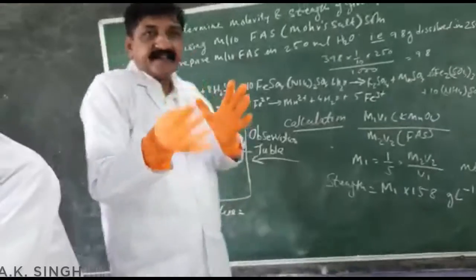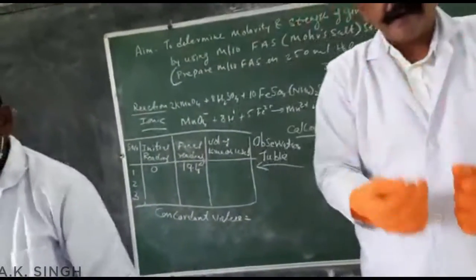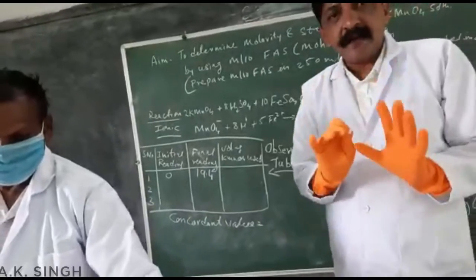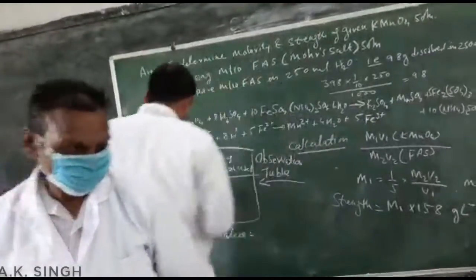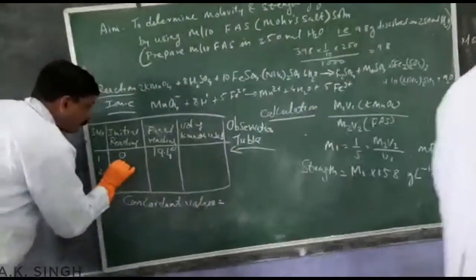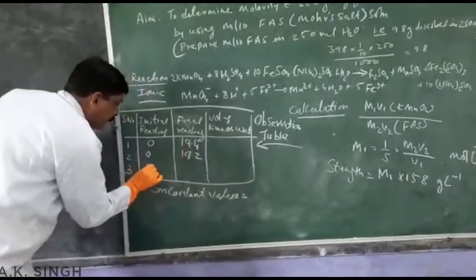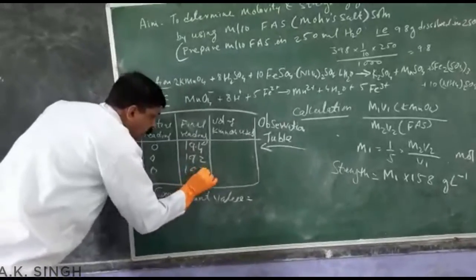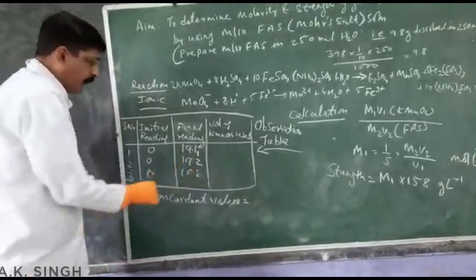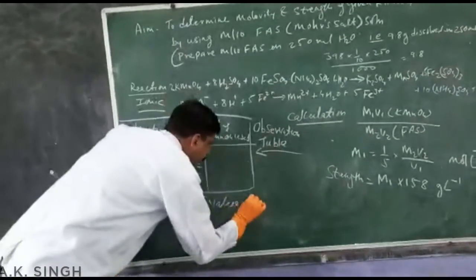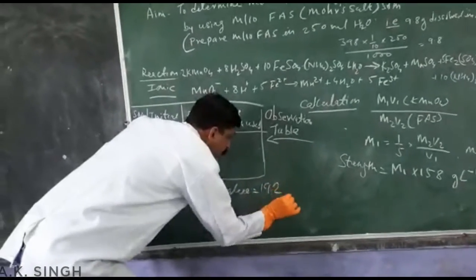You have to repeat the same experiment, take the second reading, third reading, any two similar readings. Suppose the second reading from 0 comes out to be 19.2, the third reading from 0 comes out to be 19.2. So we will have 19.2 as the concordant value.